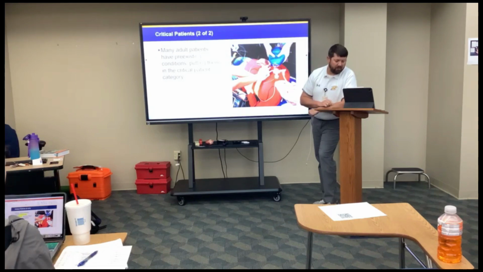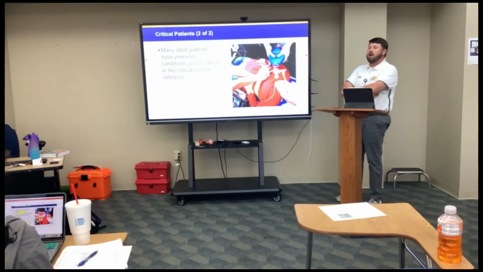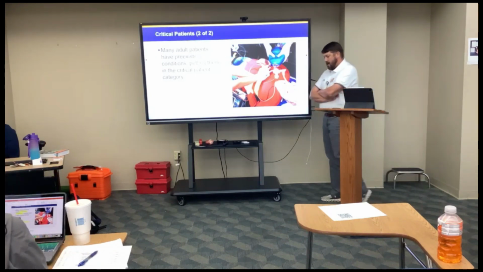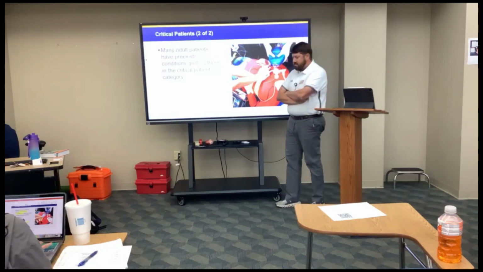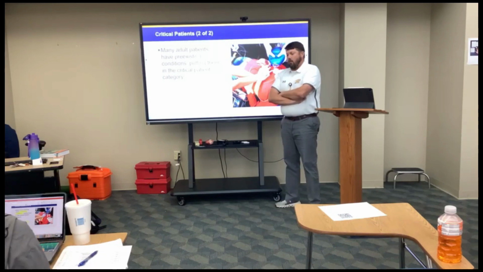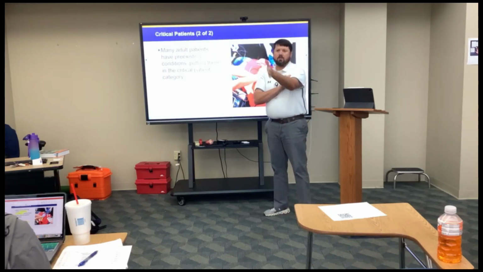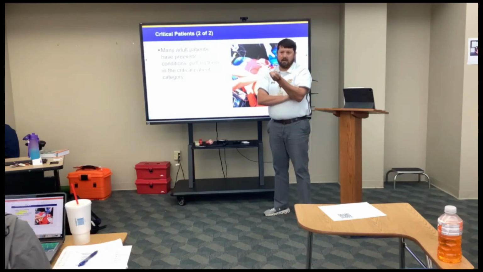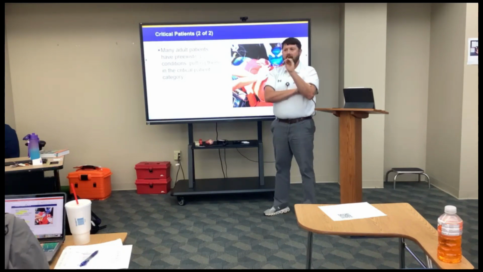Heart failure, renal failure. Renal failure is a big one. Renal failure is a disease process that you will see a lot with patients that have uncontrolled hypertension and uncontrolled diabetes. If you have a renal failure patient, you're doing a dialysis tote or something like that, look at their history. If you have their chart, look at their past history.